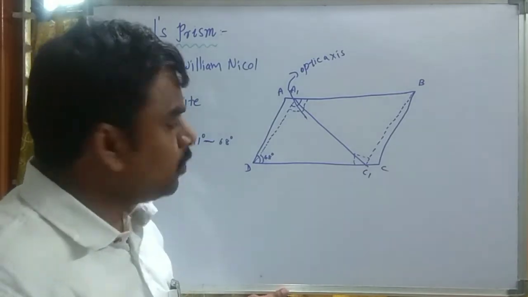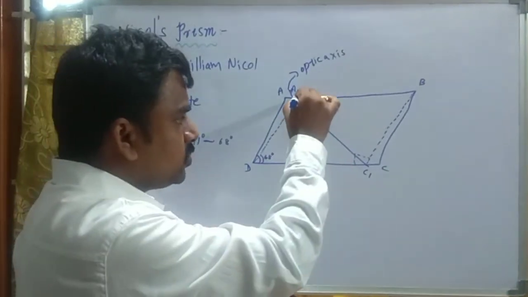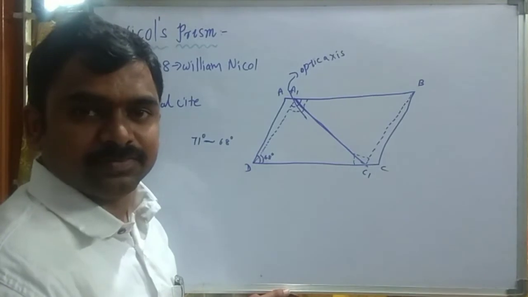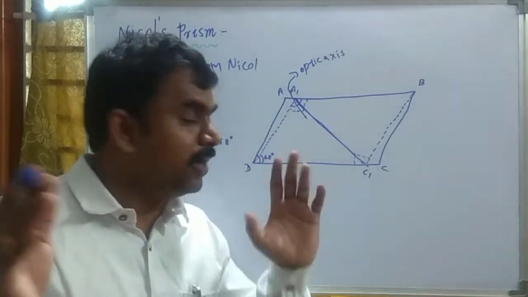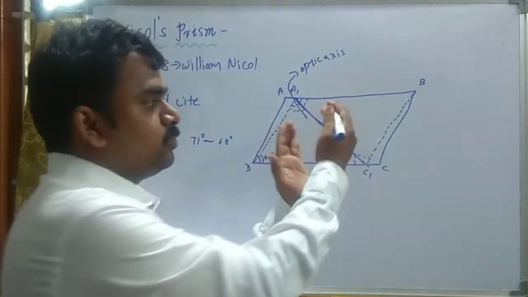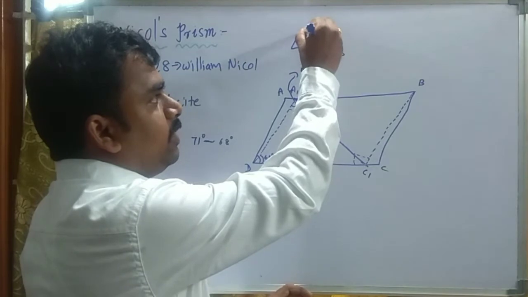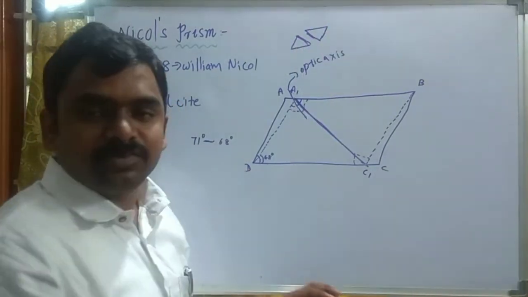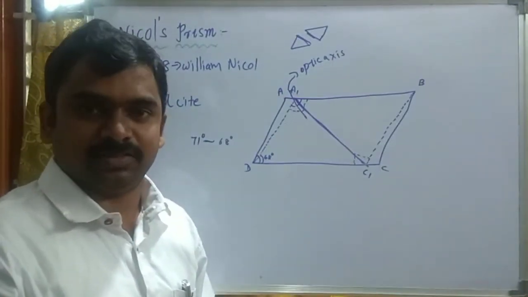Now we have to divide this total crystal along this direction. If you divide it, it automatically splits into two parts. One part like this and another part like this. Whenever you cut, these parts become rough surfaces.